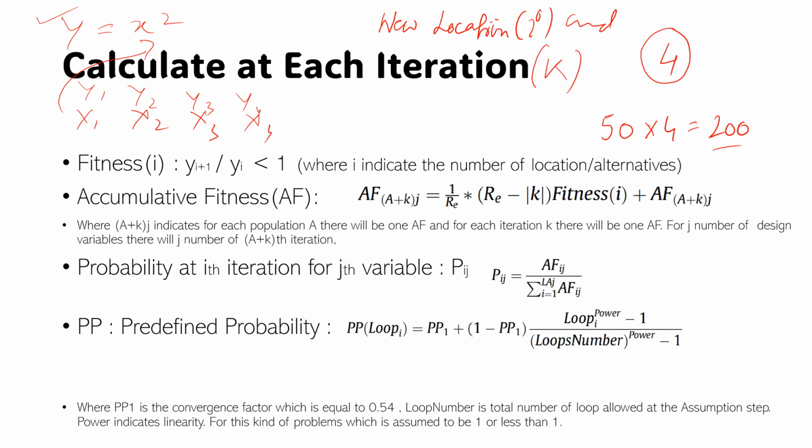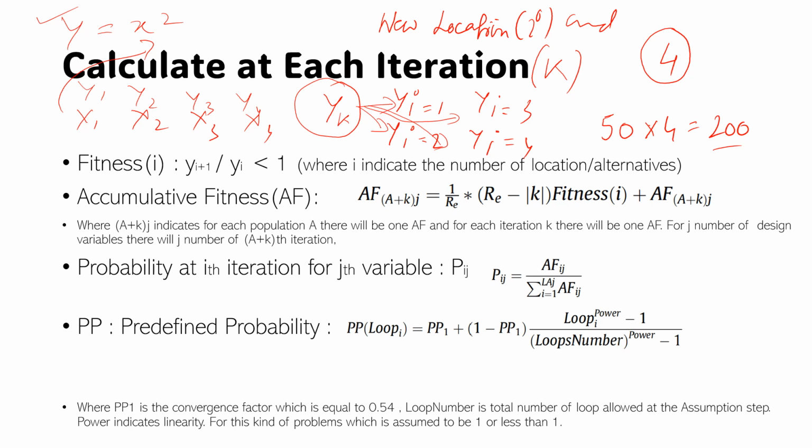Say the initial value of y is yk, and the new values of y are yI equal to 1, 2, 3, 4. So you have to compare this yk with each of the new y's. That will be your fitness at I.